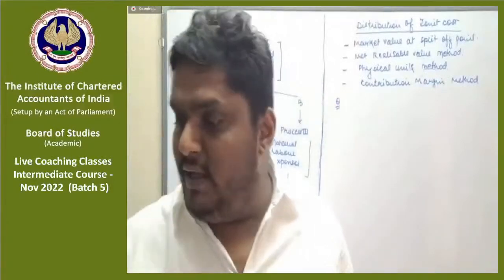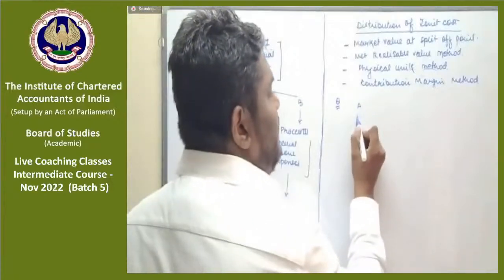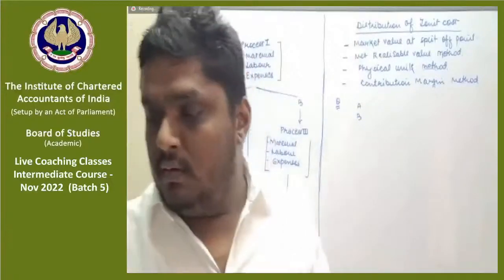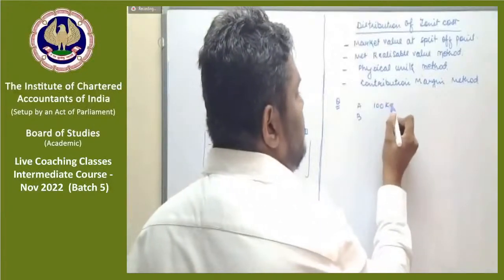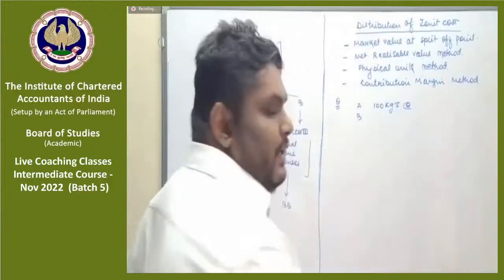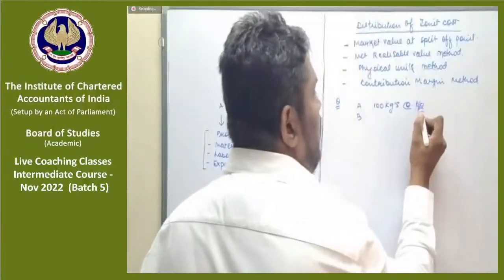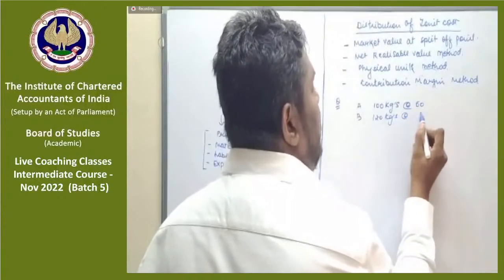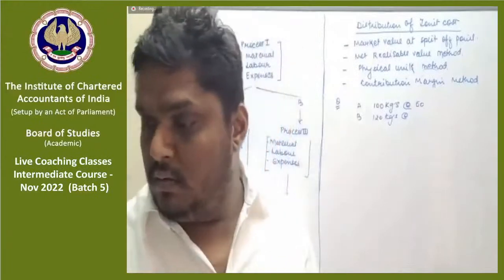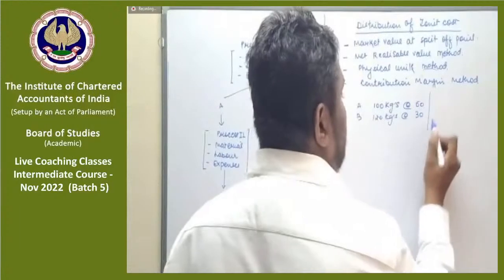A question is given wherein the sale value of A and B is given, that is 100 kgs at the rate 60 and 120 kgs at the rate 40.